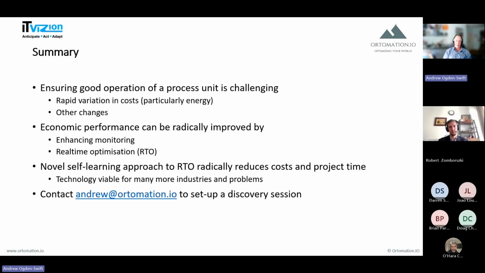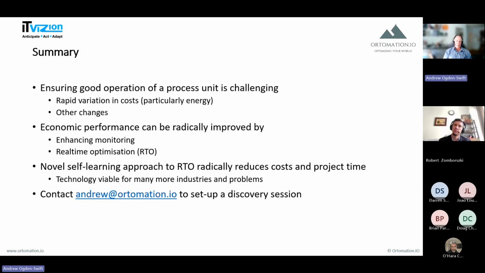And of course, there are other changes happening: equipment efficiency, feedstock changes, ambient changes, etc. Economic performance can be improved by all sorts of means, but two that can be done really quickly and pretty cheaply are improving monitoring, using tools like Seek with the right services from companies like IT Vision, to enhance the monitoring and do more effective data analytics.